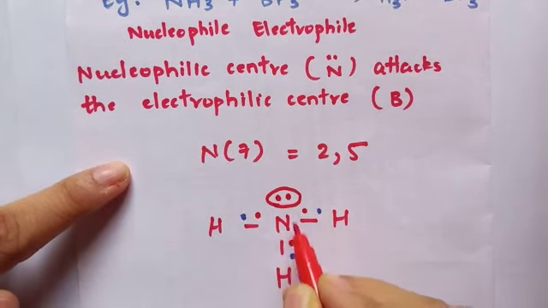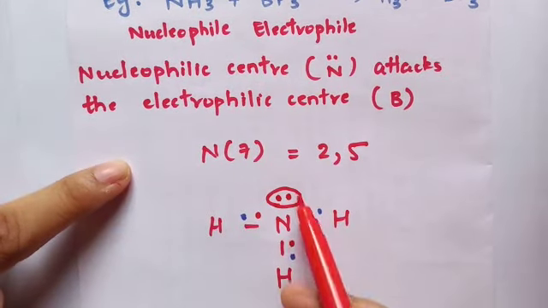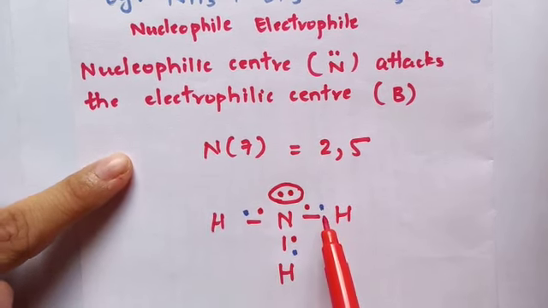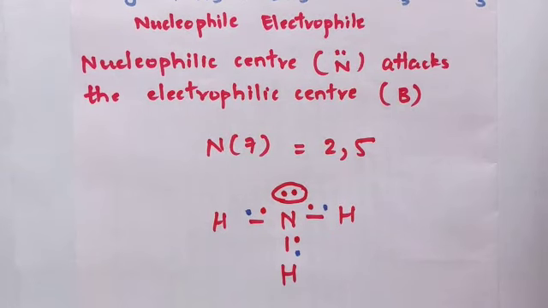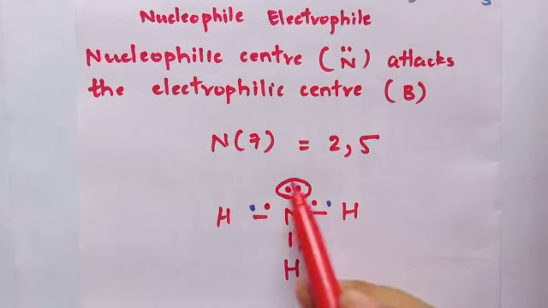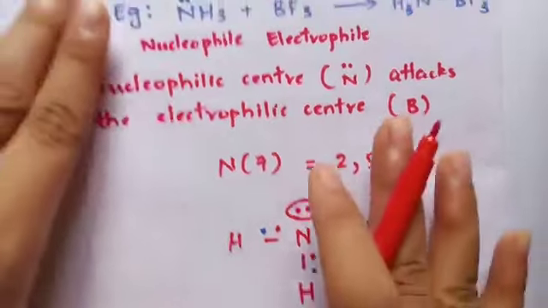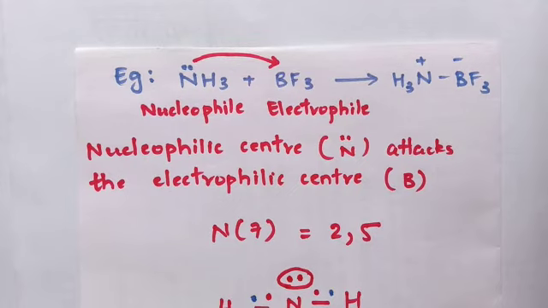That is the reason nitrogen has 1 lone pair of electrons. Overall, the 5 electrons of nitrogen plus the 3 electrons from the hydrogen atoms complete its octet. That is the reason elements undergo compound formation, so that they acquire a stable state. So nitrogen has 1 lone pair, 1 pair of extra electrons which can be used later. This was an illustration of how nucleophilic and electrophilic reactions happen.